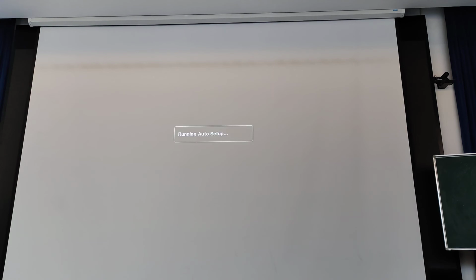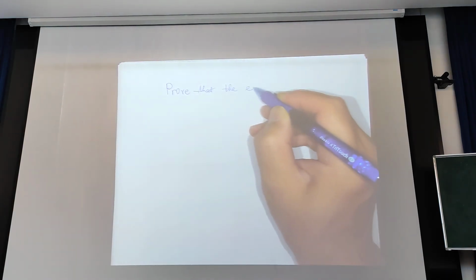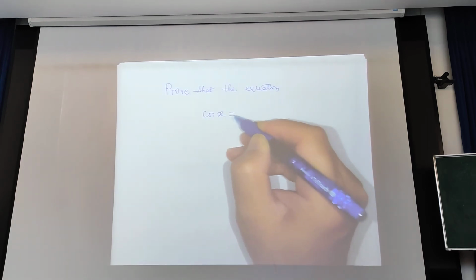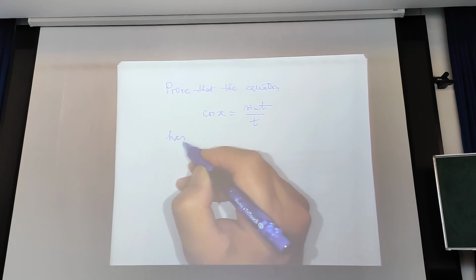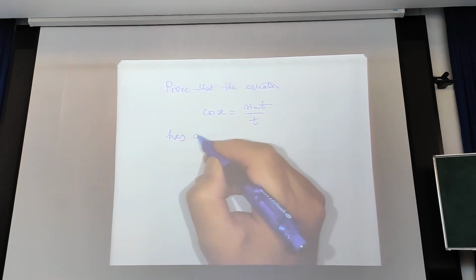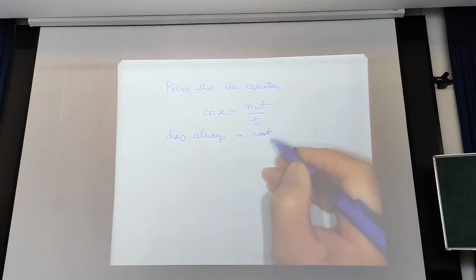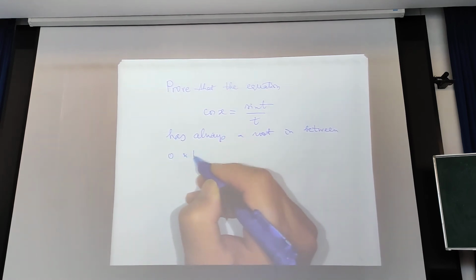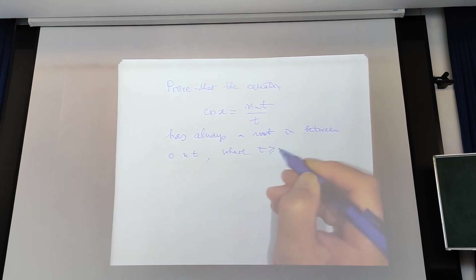Prove that the equation cosine x equal to sine t over t has always a root in between 0 and t where t is non-negative.